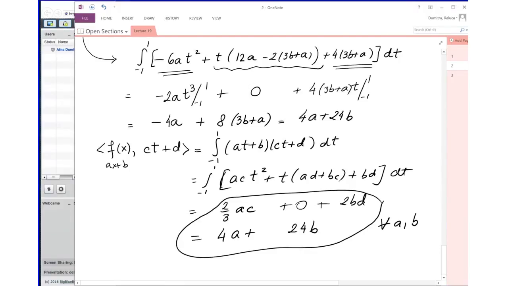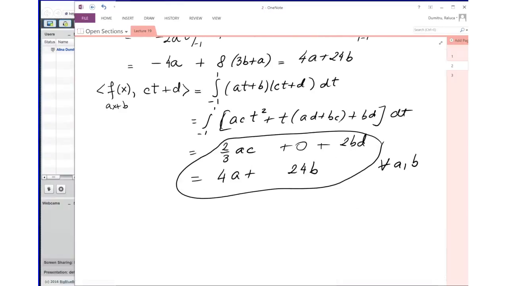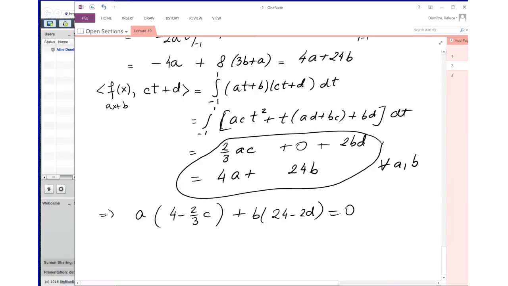So what are c and d that would make this happen? If you want, you can put it like this. This should hold for any two a and b. The only way for this to happen is when c is 6 and d is 12.